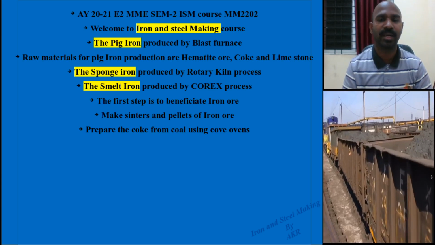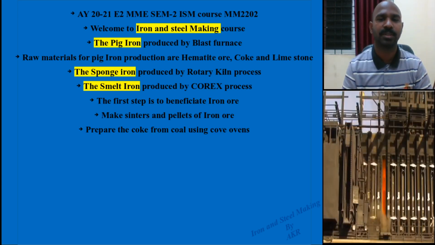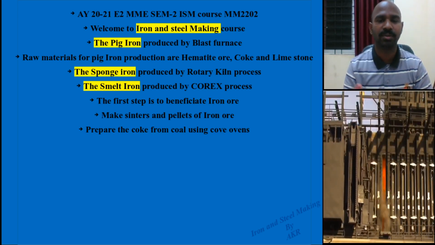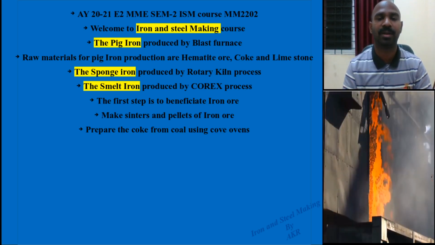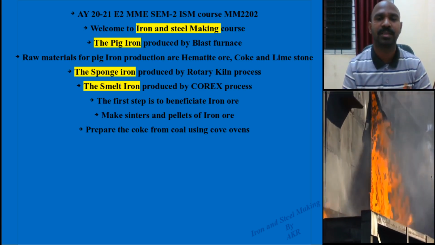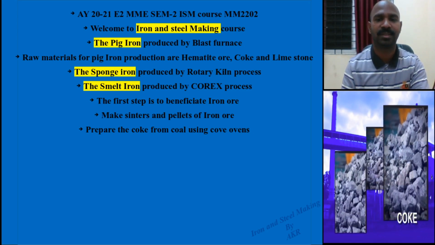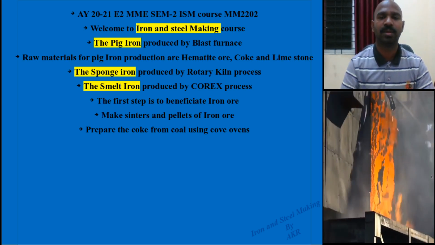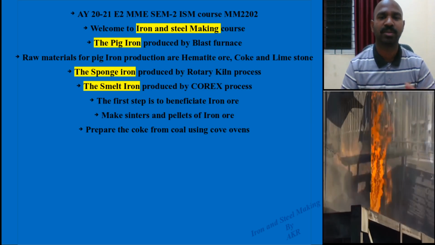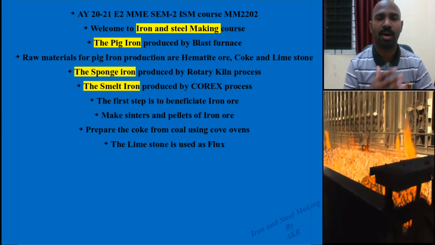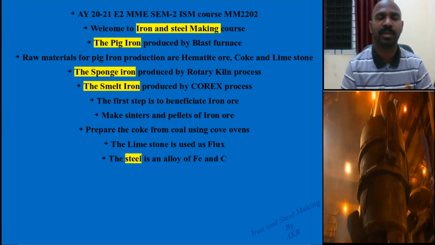By preparing coke, it becomes the fuel for blast furnace pig iron production. It is made using coke oven batteries from bituminous coal, and limestone is used as a flux.